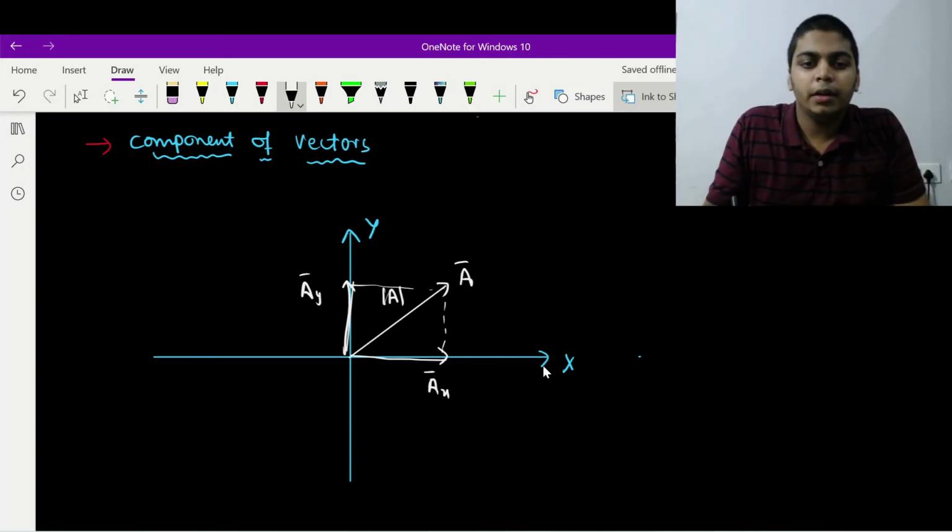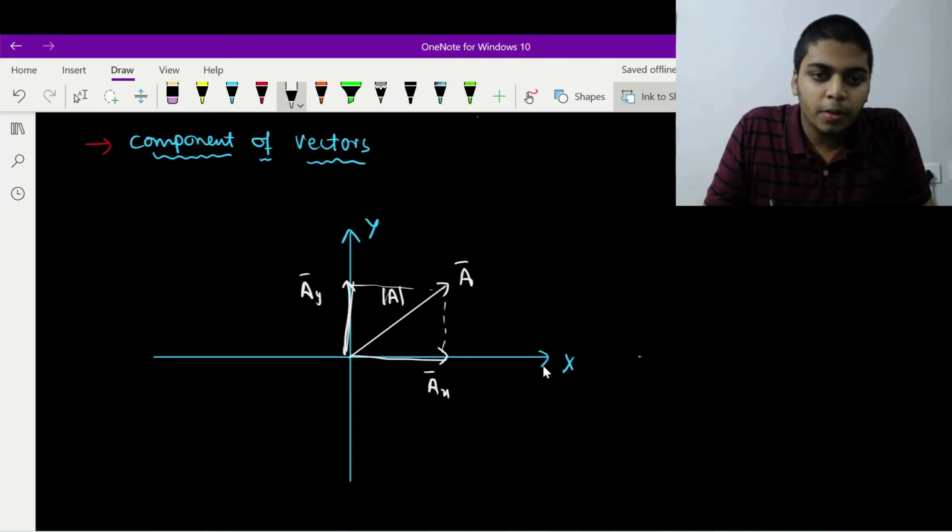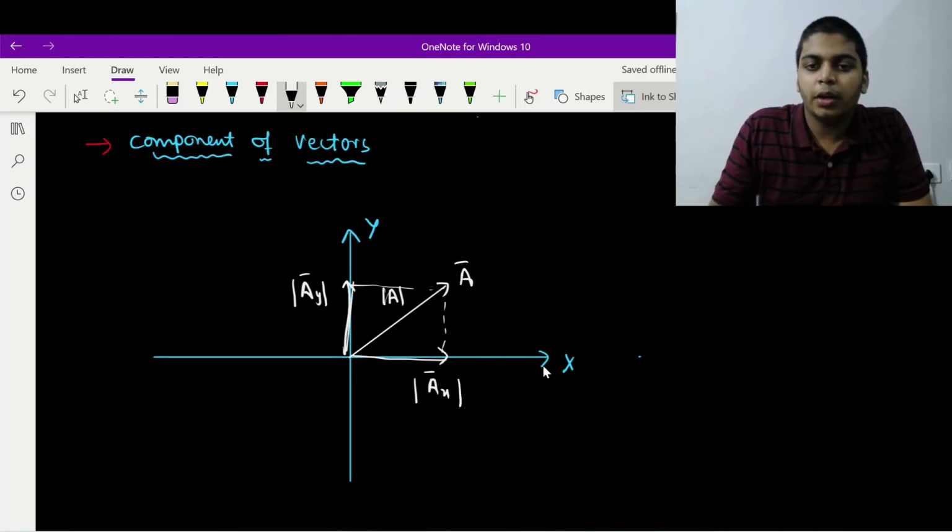Let us say this has magnitude mod a y bar, and this has mod a x bar, okay.